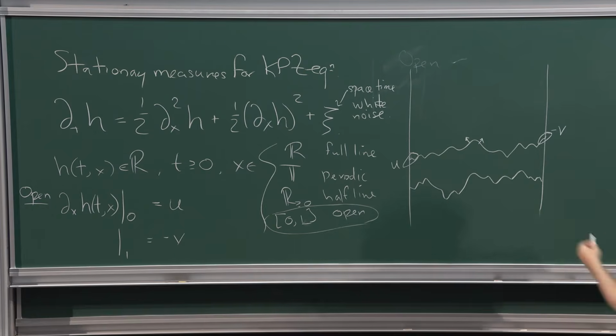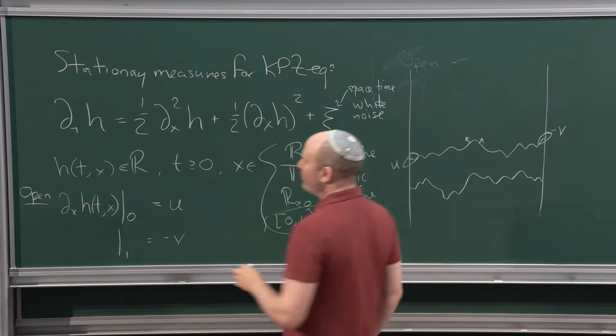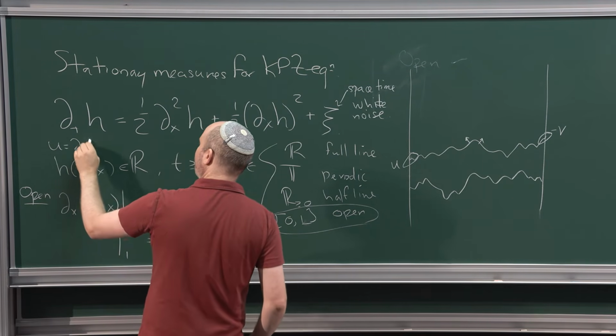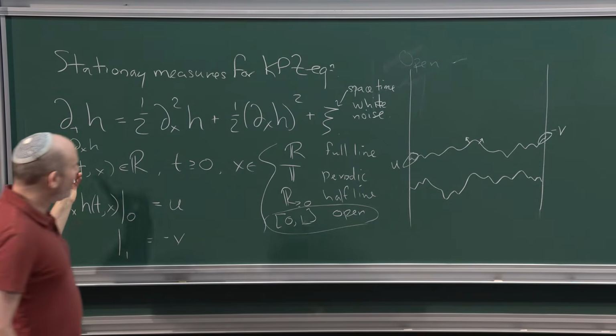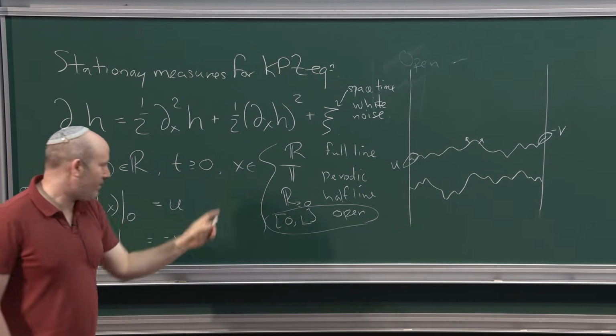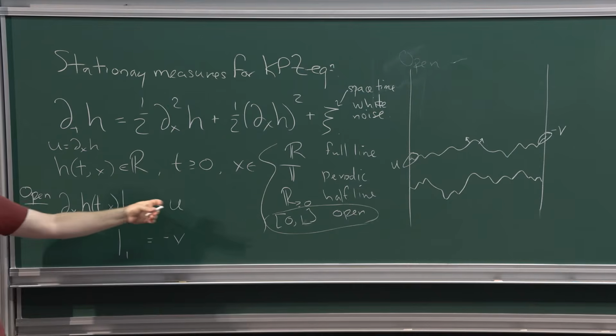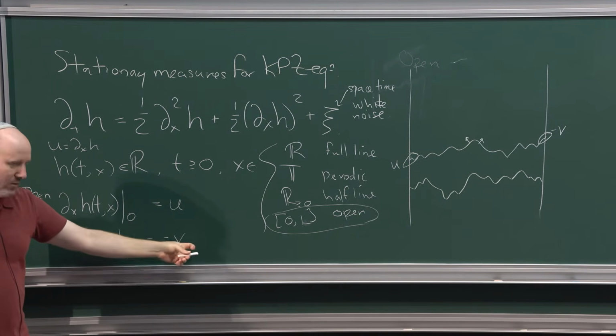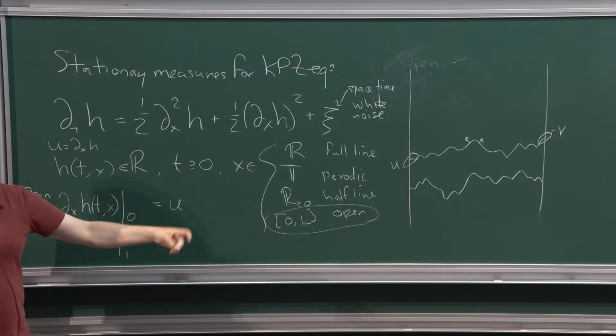The other reason is that if you take the derivative, so if you call U the spatial derivative of H, then U actually solves something called the stochastic Burgers equation. And this boundary condition is just enforcing that you have a reservoir of a certain density U and a certain density minus V.